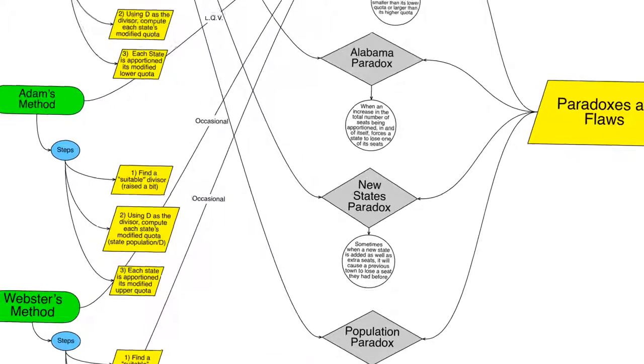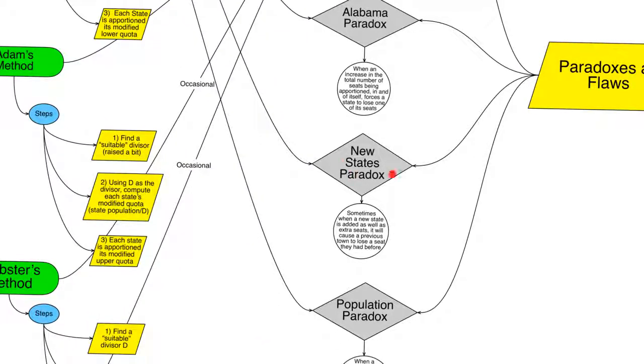Hamilton's method also might result in the new states paradox, that says that sometimes when a new state is added as well as extra seats, it will cause a previous state to lose a seat that they had before. So sometimes if you add another state as well as extra seats, it's unfair for one of the previous states to lose a seat that they had before just because some new state comes in while adding extra seats to Congress.